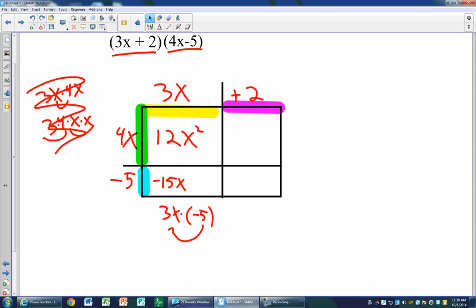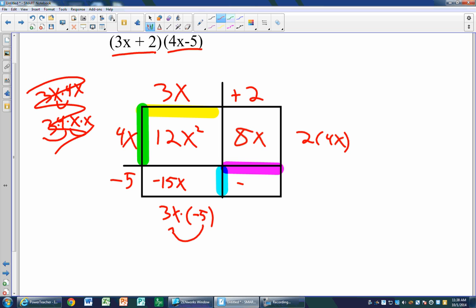The length is 2. The height is 4x. 2 times 4x is 8x. -5 and +2 is -10 when we multiply them together.